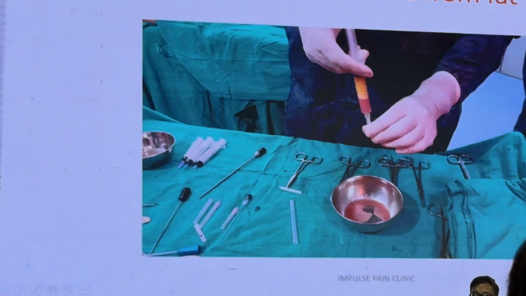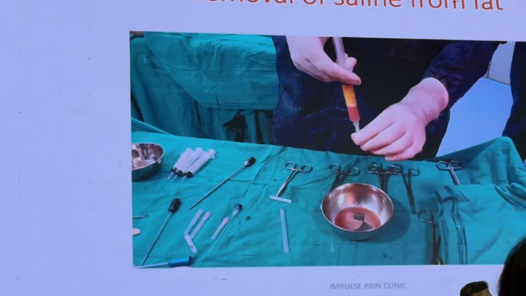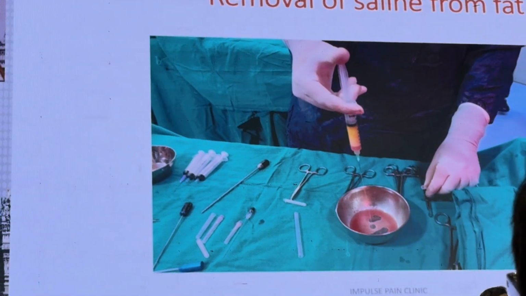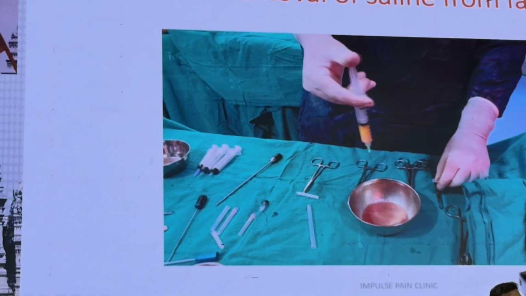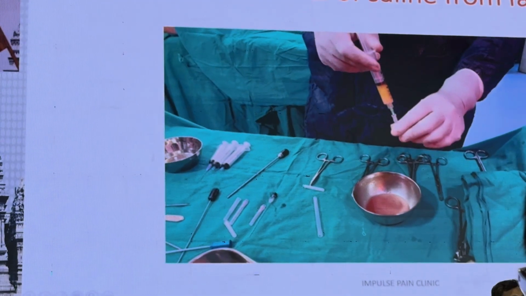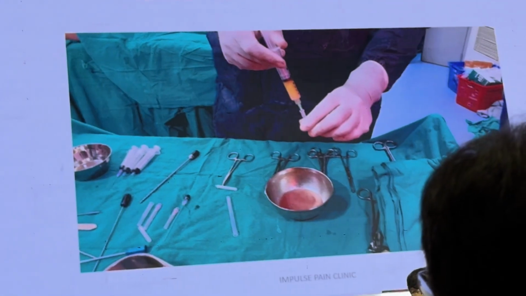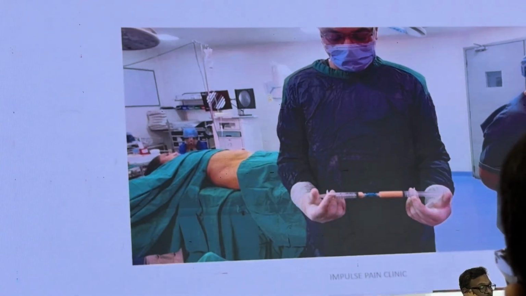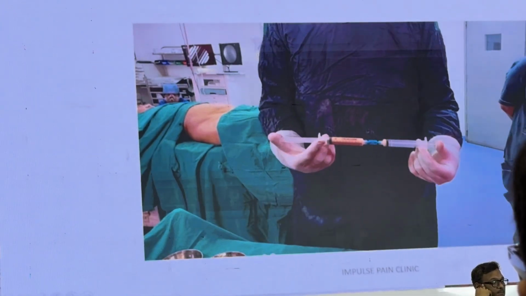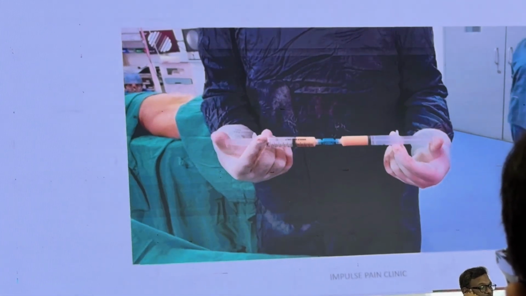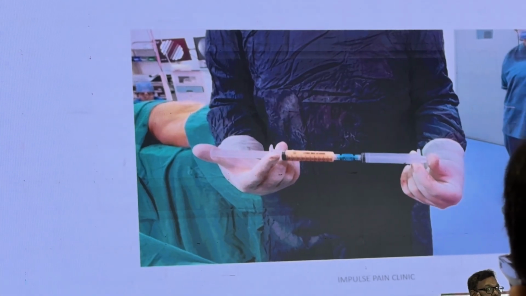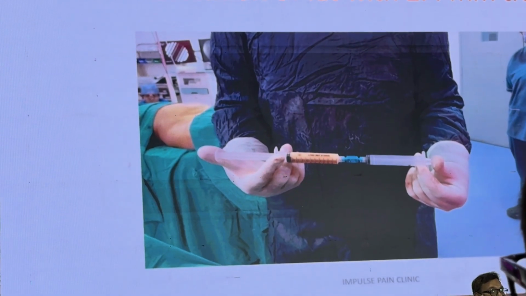This is the removal of the water. I just keep my syringe in a standing position, and the normal saline is removed from that, and this is the pure fat. And then comes the gradual emulsification process. Emulsification is done with 2.4 millimeter transfers, and there are different sizes of transfer: 2.4, 1.4, 1.2, 1 and 0.8.